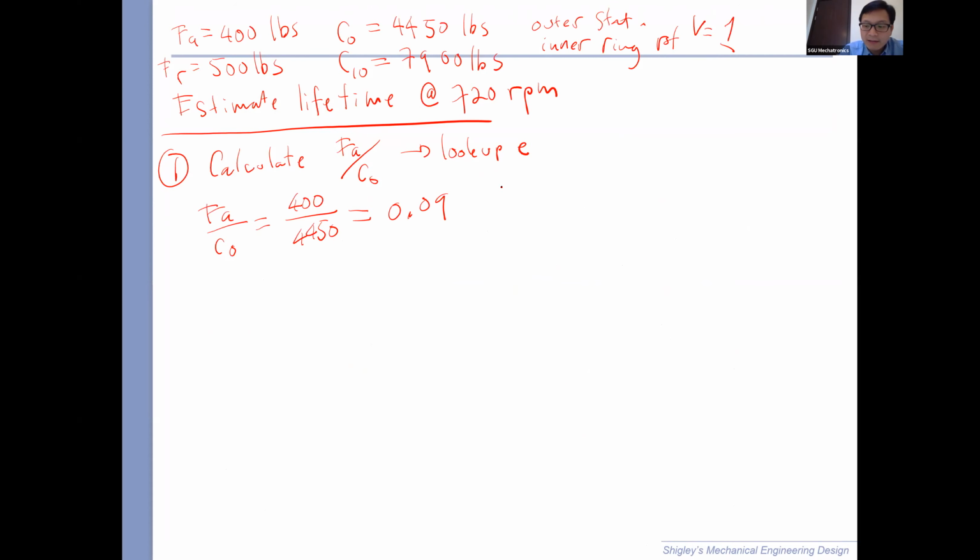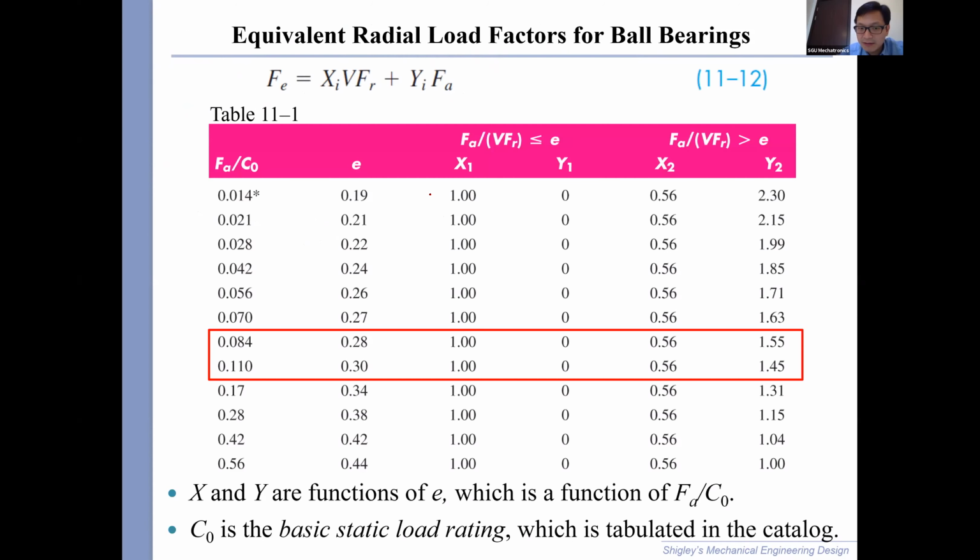FA divided by C0 is 0.09, so it falls somewhere here, between 0.084 and 0.110. The E is somewhere between 0.28 and 0.30.